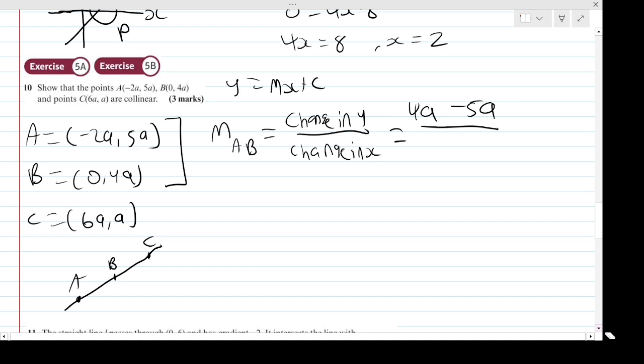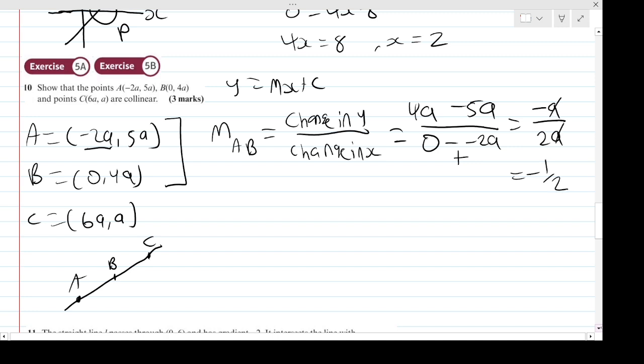Then the change in x: B first, so 0, take away the other x value at A, which is minus 2a, so minus minus 2a. Then I can simplify: 4a take away 5a is minus a, over 0 minus minus 2a, which is a plus, so 0 plus 2a is just 2a. That simplifies, because minus a over 2a, the a's cancel, so you're left with minus a half.